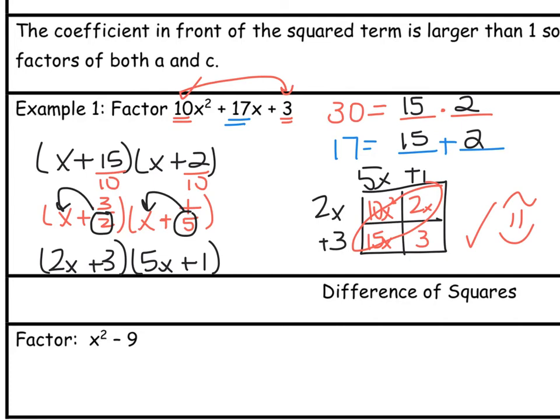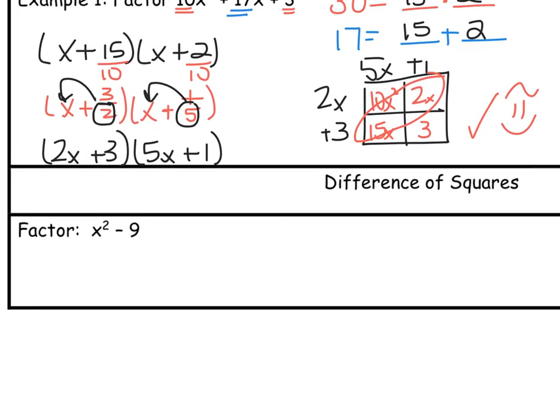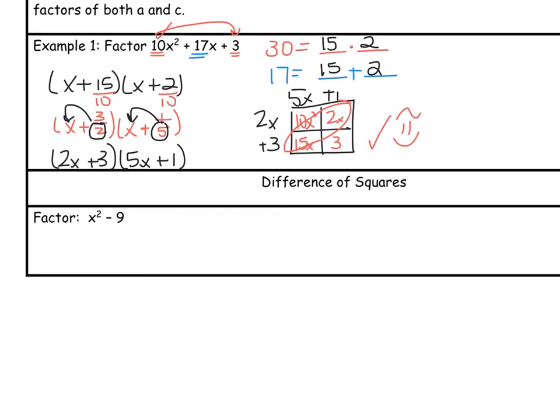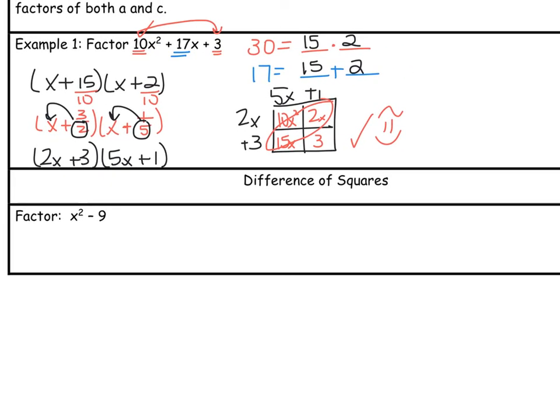The last example we're going to look at is the difference of squares. So what does that mean? Difference means that we have a subtraction problem. So here's difference, which means it has to be subtraction right there.